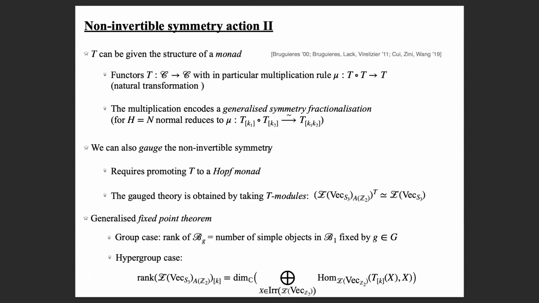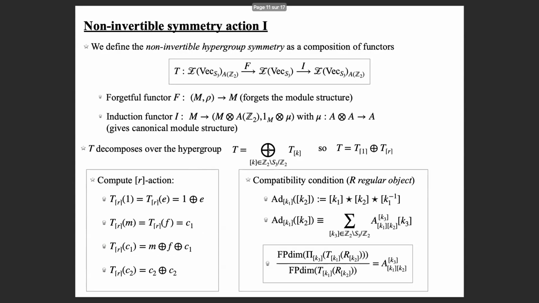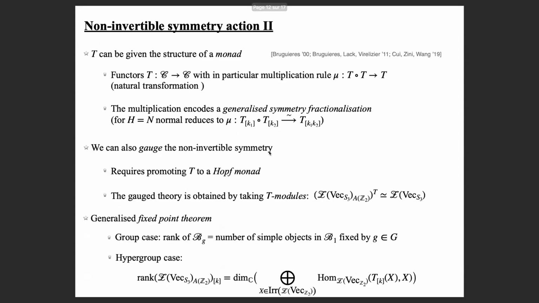So actually this symmetry action that we define in this way can be given mathematically the structure of a monad. And for me, I'm not a mathematician, it just means functors from C to C that in particular have a multiplication rule, so this composition.